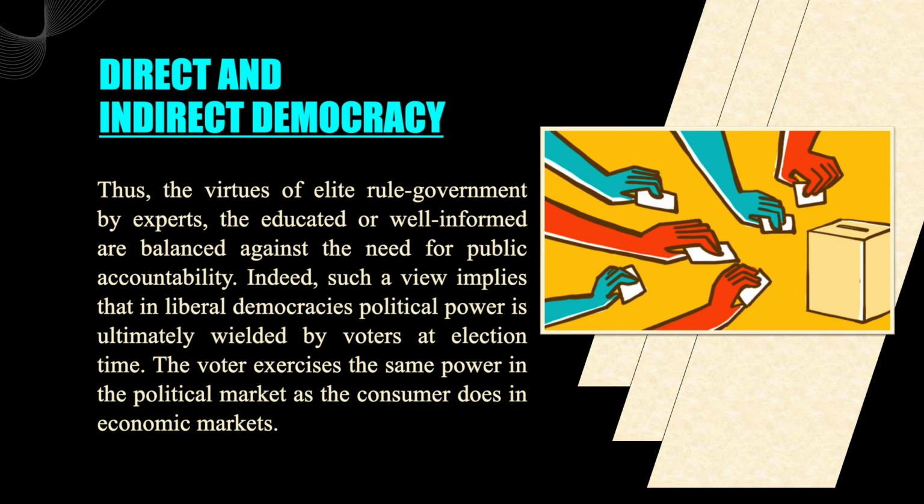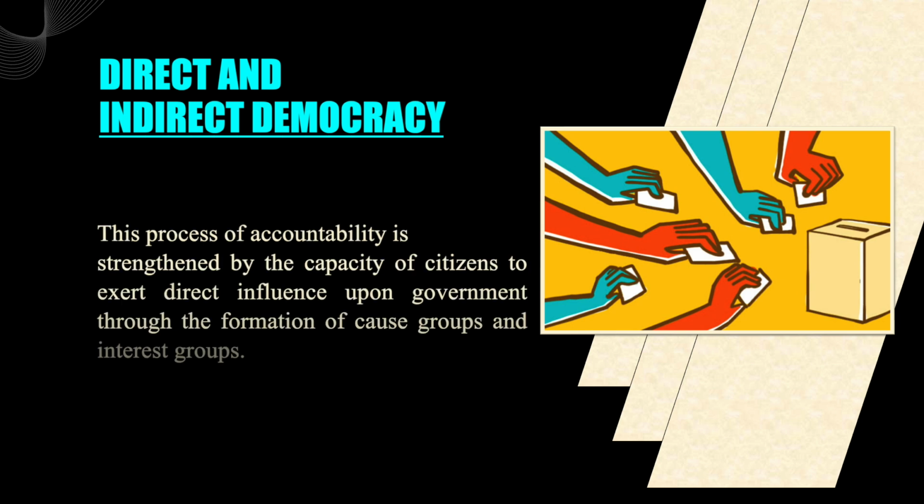Indeed, such a view implies that in liberal democracies, political power is ultimately wielded by the voters at election time. The voter exercises the same power in the political market as the consumer does in the economic market. This process of accountability is strengthened by the capacity of citizens to exert direct influence upon the government through the formation of cause groups and interest groups.